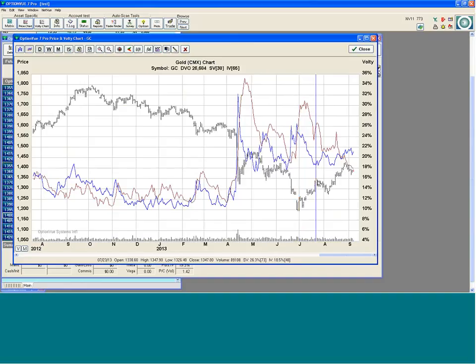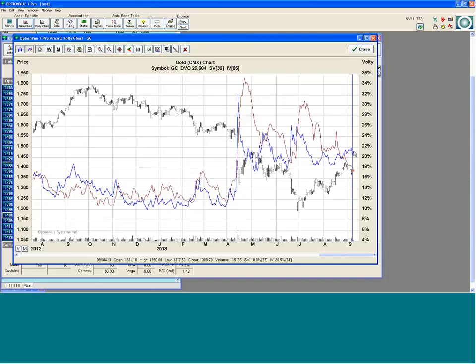When it then dropped for the next couple of weeks from the middle of June to the beginning of August, we had a little bit of a spike up in implied volatility. Now we've had a rise in the month of August. Implied volatility moved a little bit higher. Now gold is starting to move lower. Implied volatility is chopping around in a pretty narrow range.